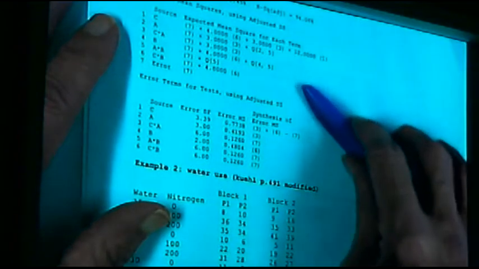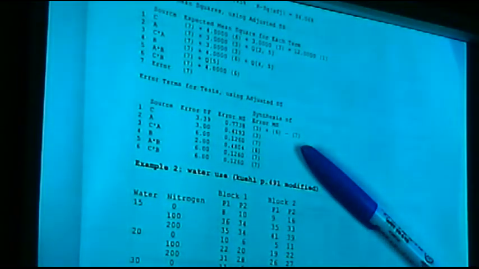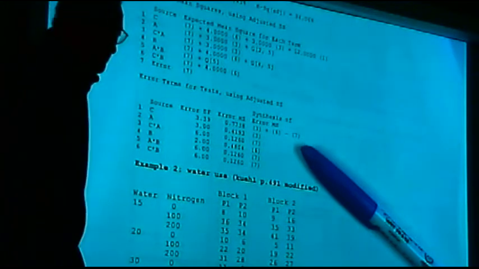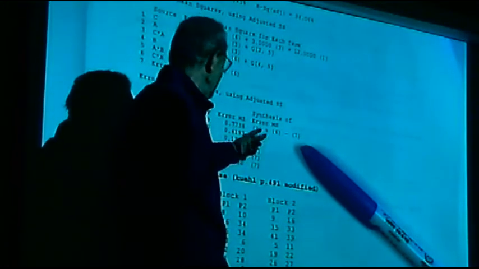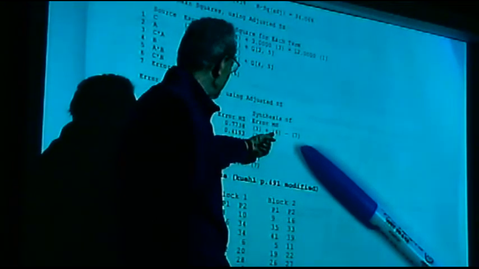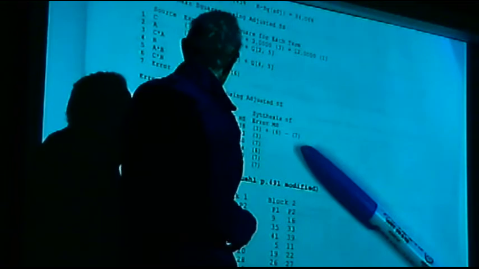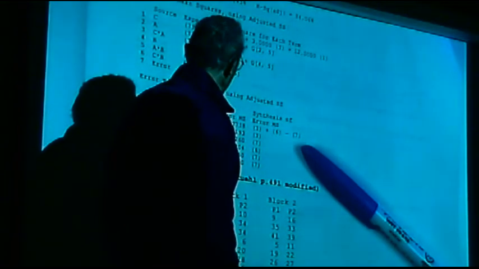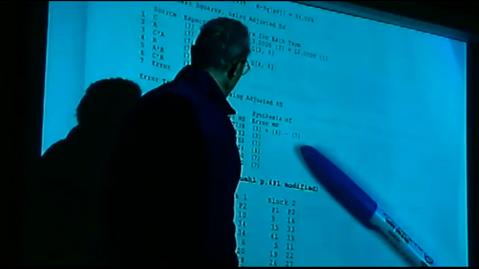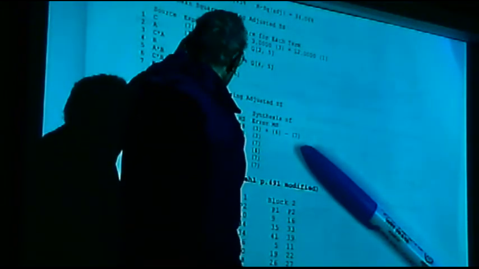And so what they have to do is to cobble together a new pseudo-mean square and formula for this given right here in Minitab output. Okay, 3 plus 6 minus 7. And if you do that with these expressions up here, you get an expression which is a proper denominator then for testing factor C.